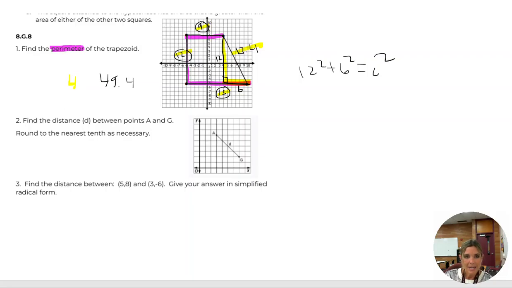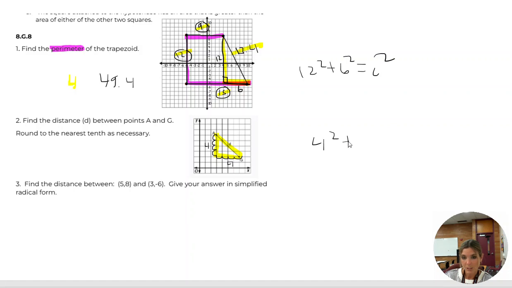Okay. On the next one, you are finding the distance between A and G. So again, we're going to set up a right triangle. We know the space between here is 1, 2, 3, 4. We know the space between here is 1, 2, 3, 4.